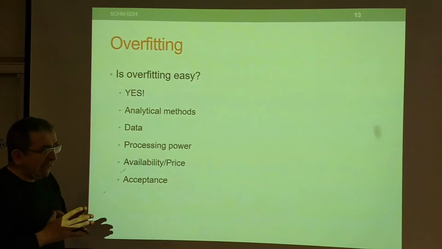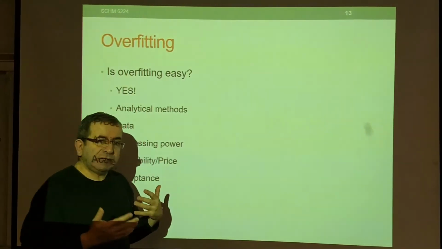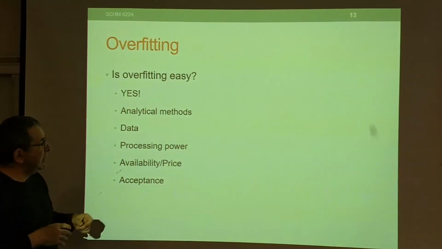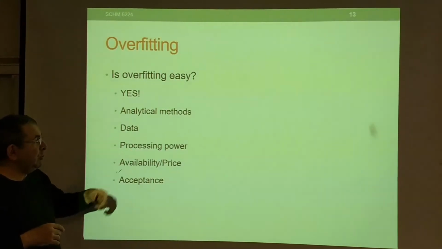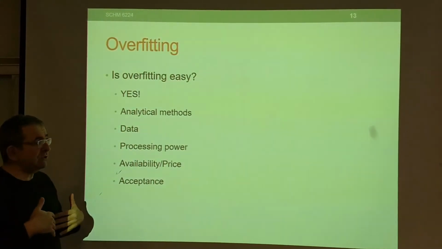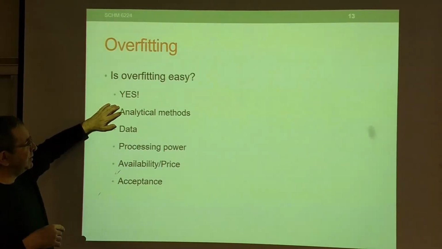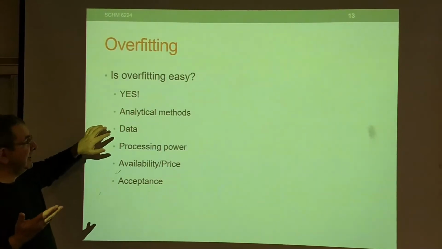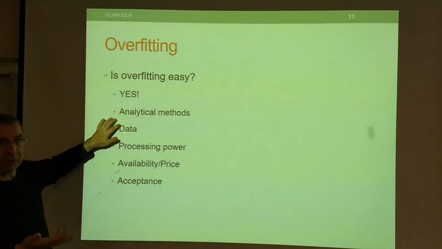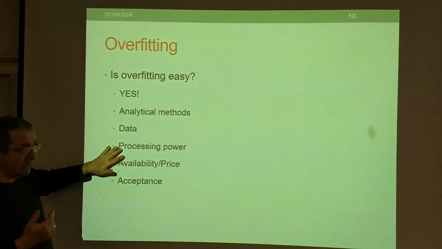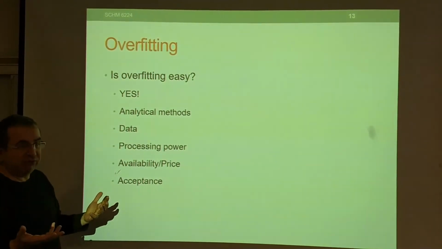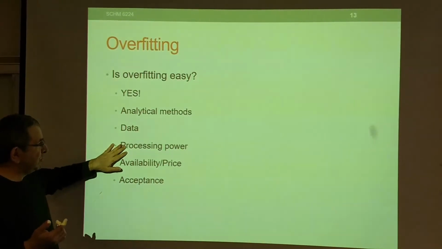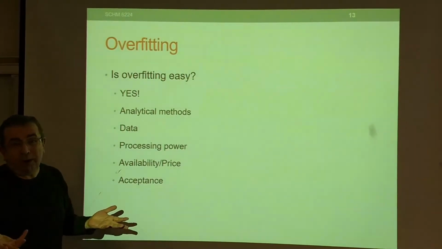So you need to be careful about your data, what kind of data you have, how good the data quality is, and we have huge processing power. It's very easy to run these complicated models. The data is there. You can run these models. The computers are very fast, and all of this processing power comes at a cheap cost.